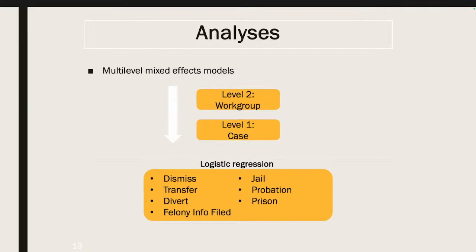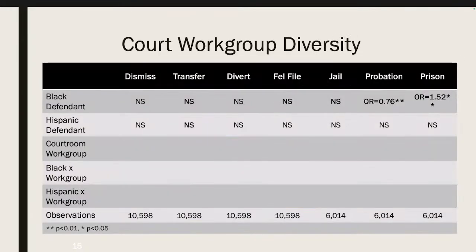What we found is work group diversity and even individual minority status of court actors does not matter. First of all, what we found is there isn't strong evidence of racial disparities in sentencing outcomes generally.